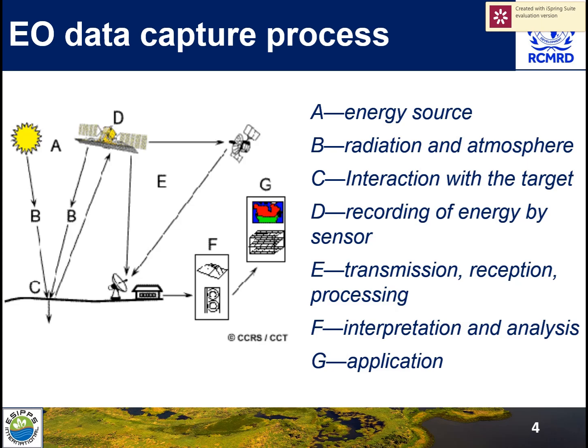The sun releases or gives out radiation in part B, which interacts with the objects in part C on the surface of the planet, the Earth. And some of the energy or the radiation from the sun is absorbed while other is reflected.